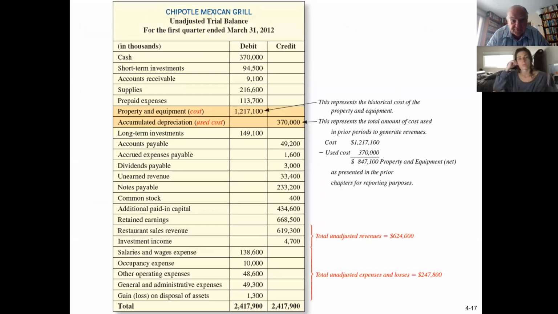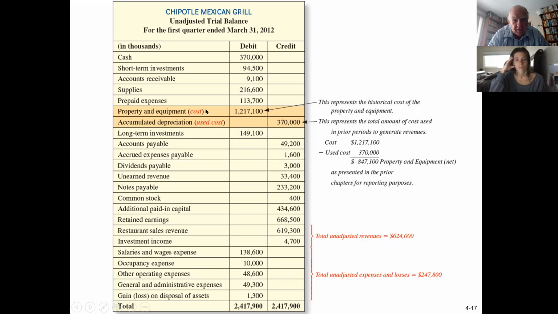They are telling us something about the property and equipment, because this is another adjusting journal entry. This is the easiest one in terms of learning it, I think, because it's always the same debit and credit. You debit depreciation expense to record depreciation expense, and you credit this contra account called accumulated depreciation.